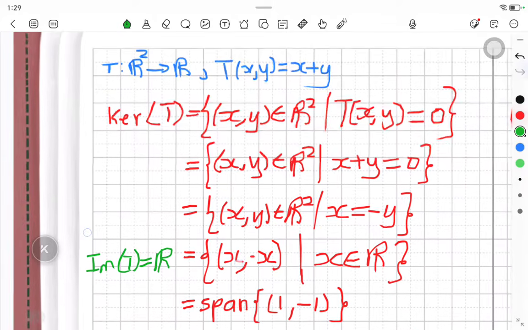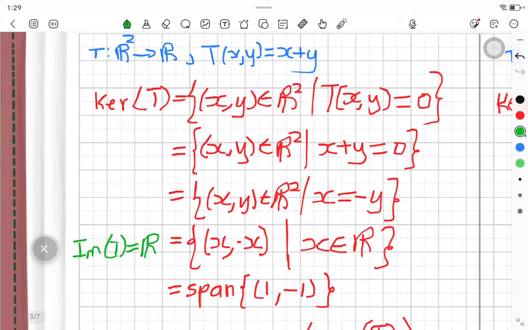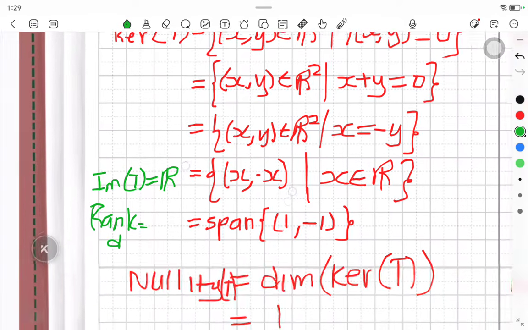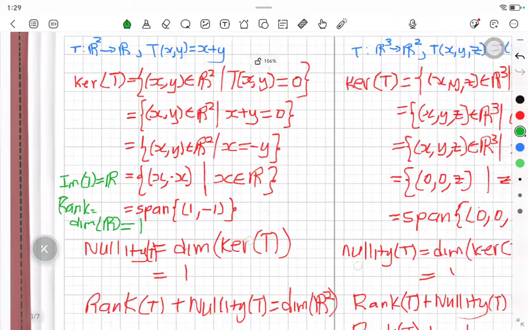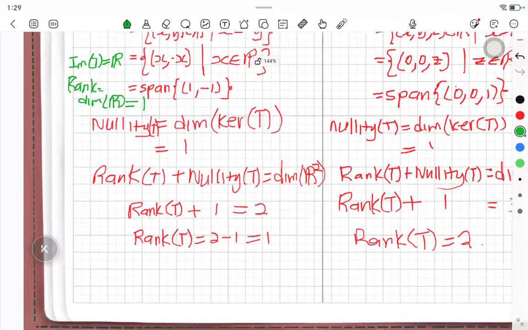In this case, our codomain is R. In other words, the rank would be the dimension of R. You agree, right? And what is the dimension of R? 1. All right, so that's why here our rank, we got 1.